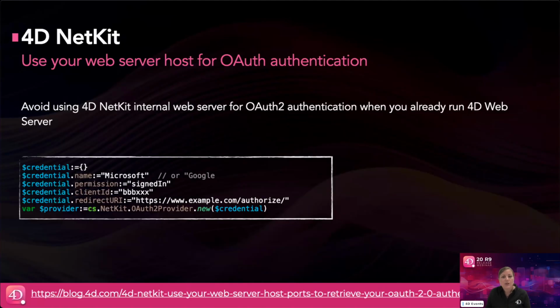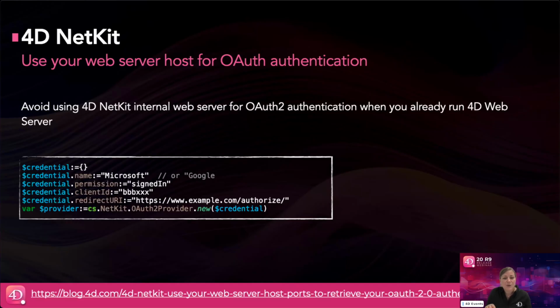So good news, starting with 4D V20 R9, you can now have the OAuth 2 responses sent straight to your main web server. No need to rely on NetKit's internal web server anymore. So how does it work?